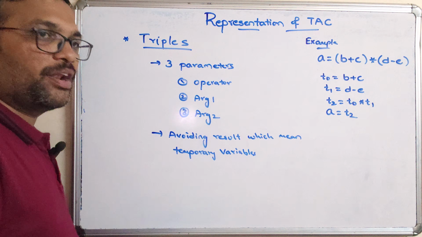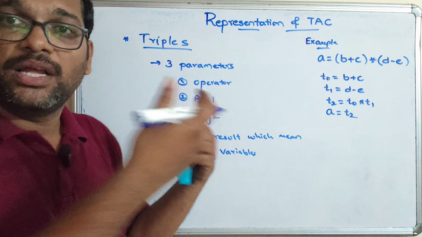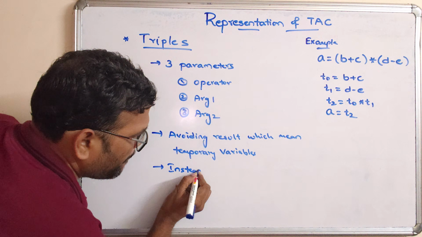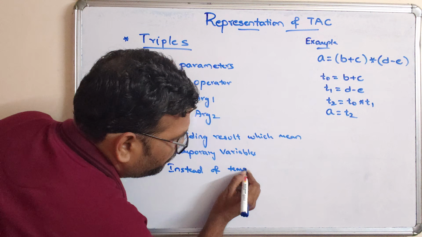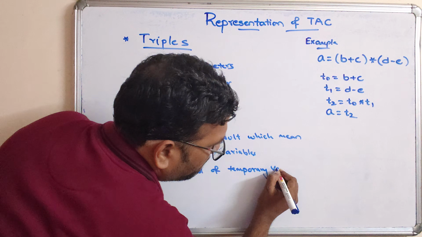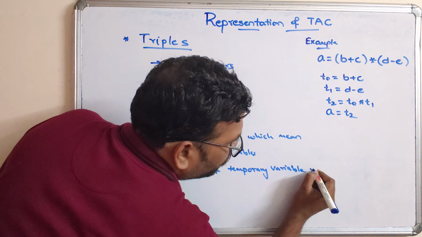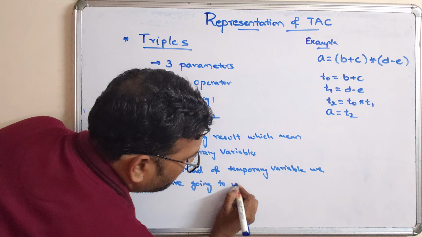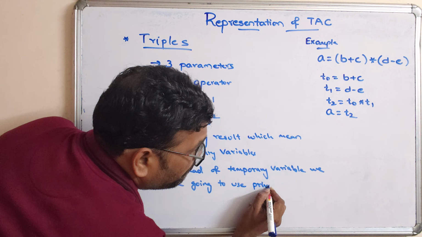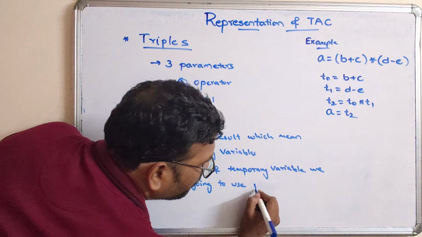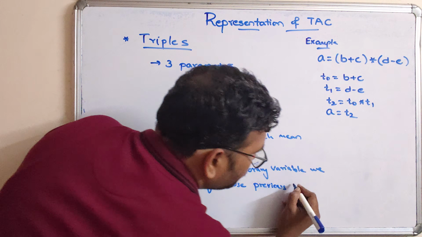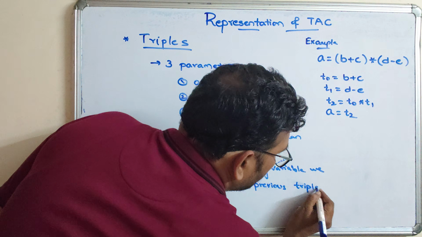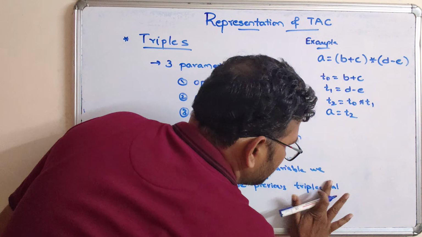So we are not using any temporary variables, but instead of using the temporary variables, we are going to use the previous triple's value or result.